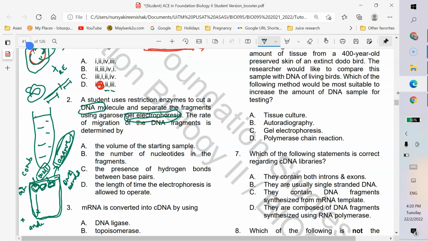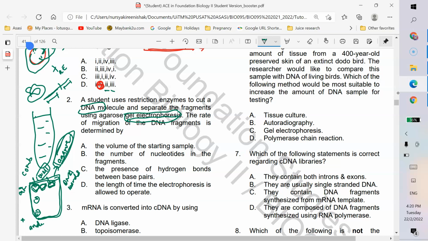The bigger fragment will travel the slowest, so it stays closest to the well. So if a DNA fragment is closer to the well, it means its size is much bigger than one nearer to the end of the gel, which will be smaller. Let's go back to the question.